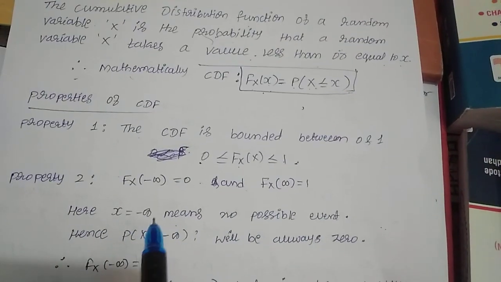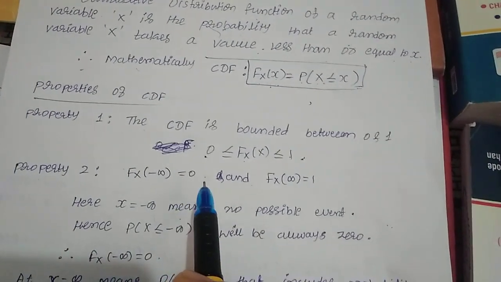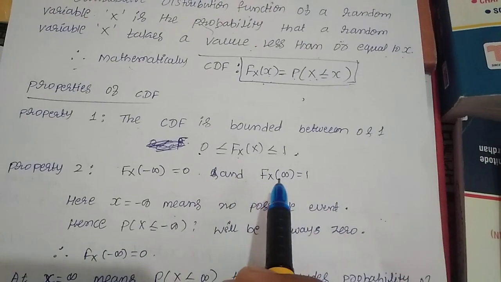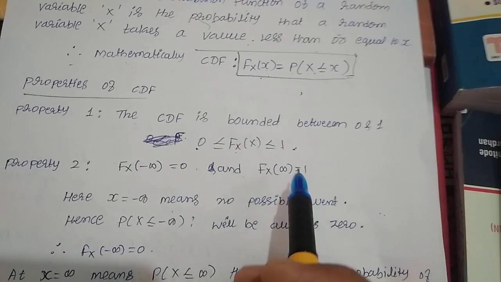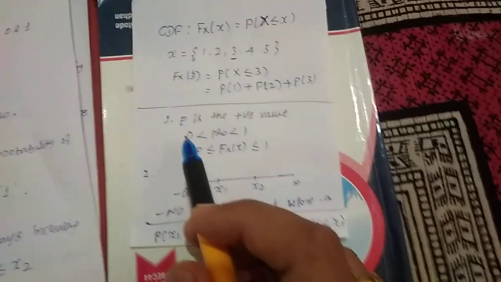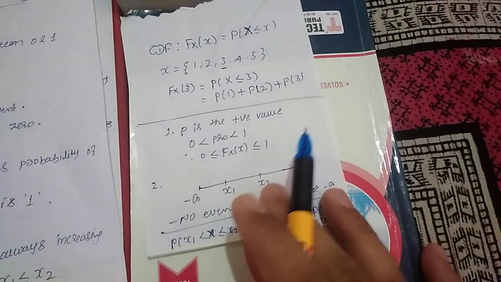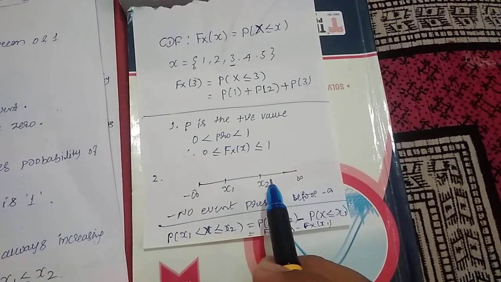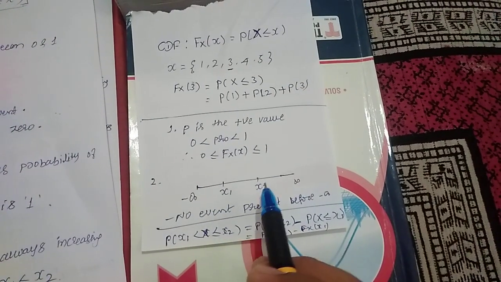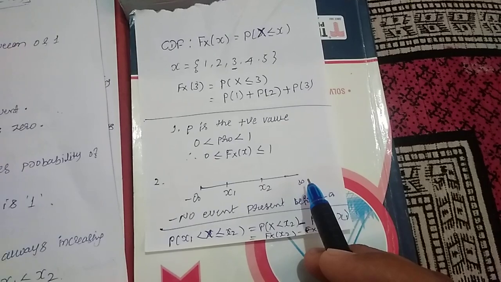Next property: F_X(−∞) is equal to 0 and F_X(+∞) is equal to 1. The proof of the second property uses this line. Your starting point is minus infinity, x1 and x2 are the events, and plus infinity is the maximum value.